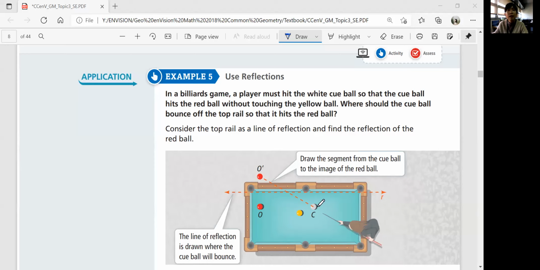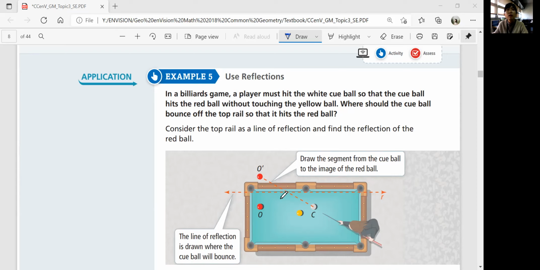You're trying to hit it so that it hits the red ball without touching the yellow ball. So you don't want to hit like this. You might want to hit it like this so that it angles off and reflects across your line R over here. And then it angles just right so that it hits this red ball.